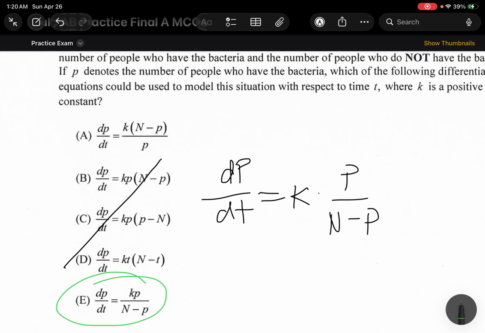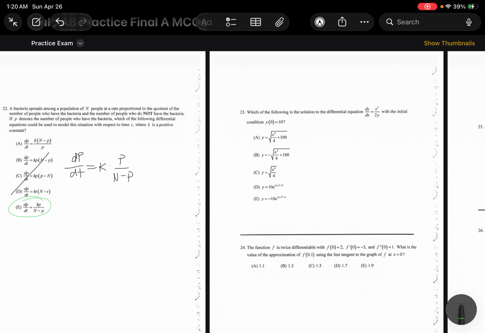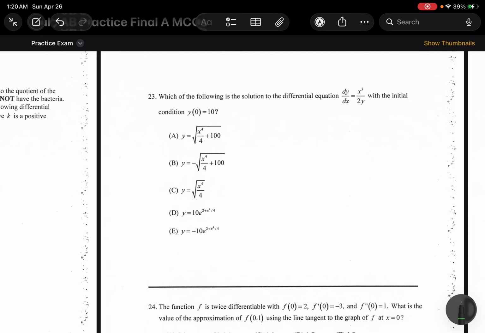So number 23 is your 4 steps. First step, separate and integrate. So separation of variables and then integrate them. Write that down. Second step, you find the IC, basically by plugging in. For your second step, you write: plug in initial condition to X and Y. Then your third step is to find Y using your IC. So let's do that all algebraically. All right.